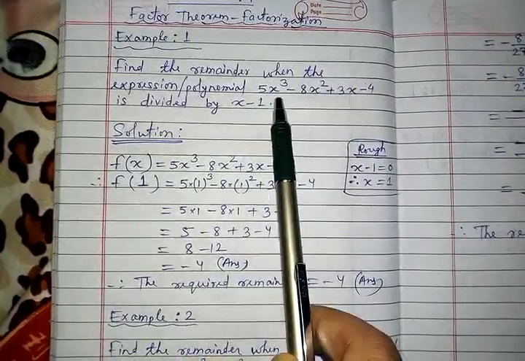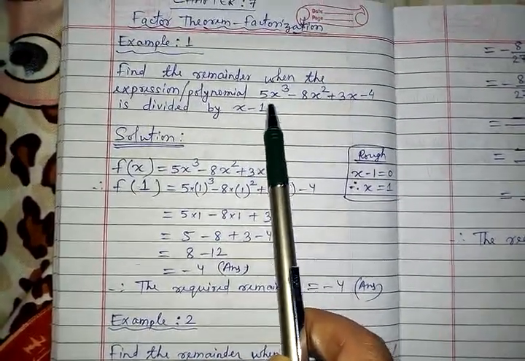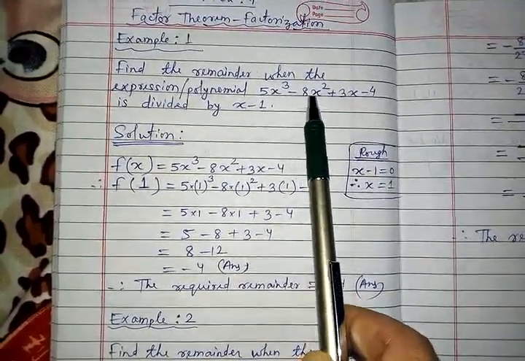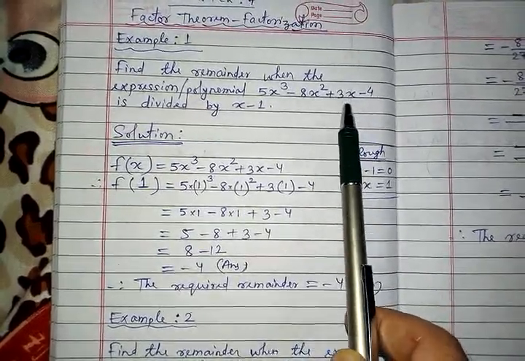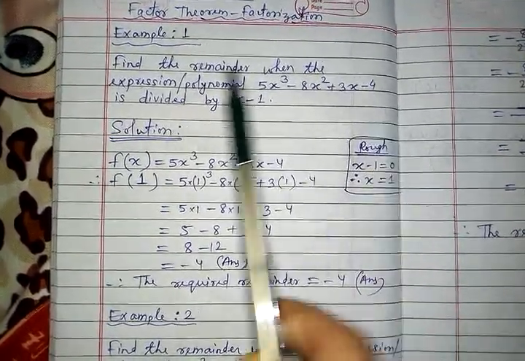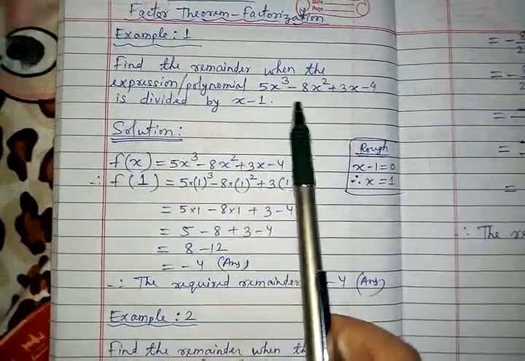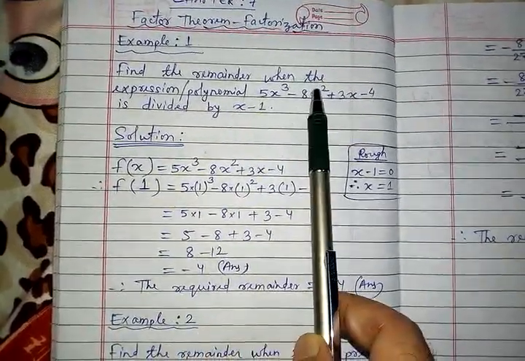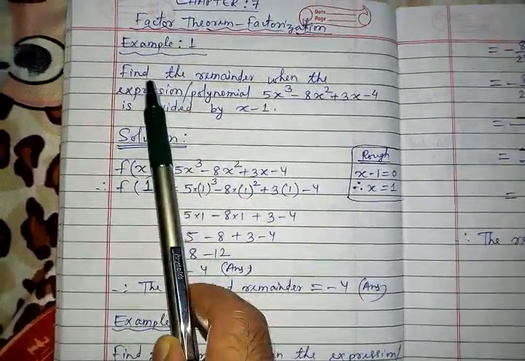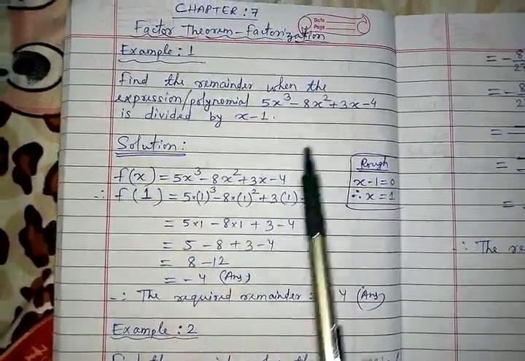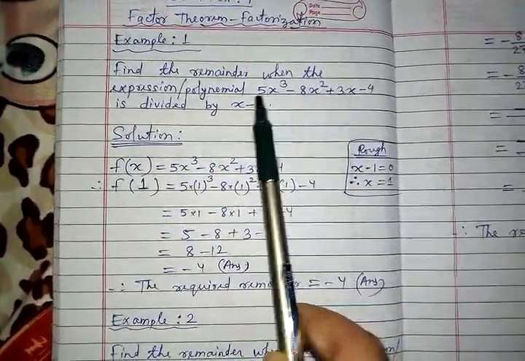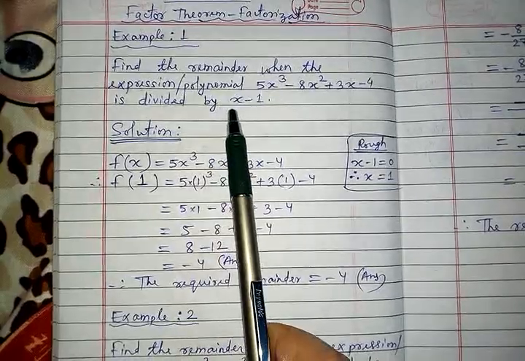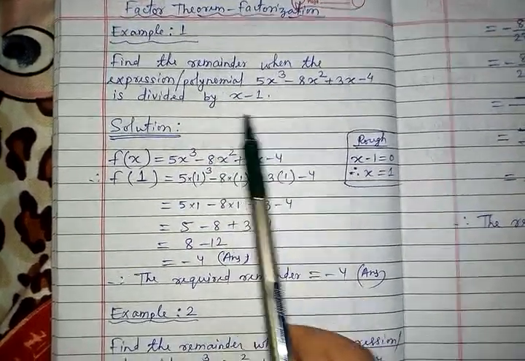So here the expression or polynomial is 5x cube minus 8x square plus 3x minus 4, divided by x minus 1. The question is asking you to find the remainder. This is the expression and this is the divisor.